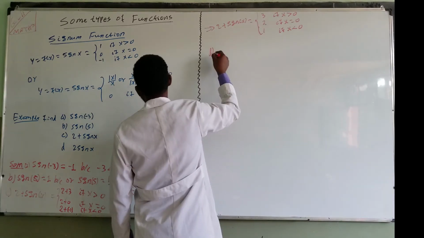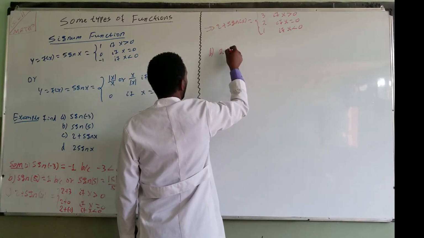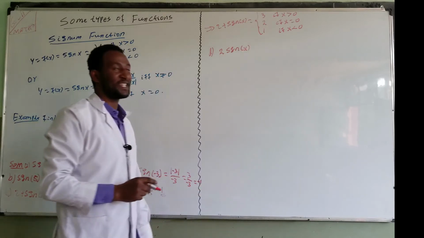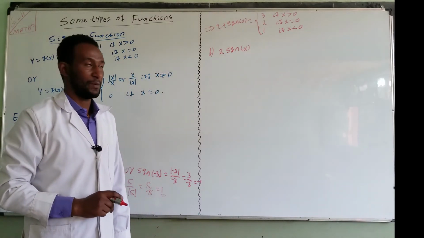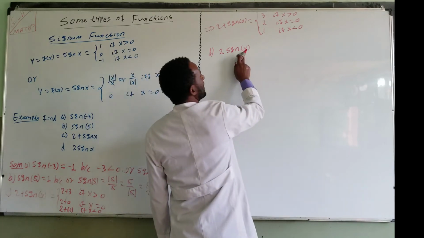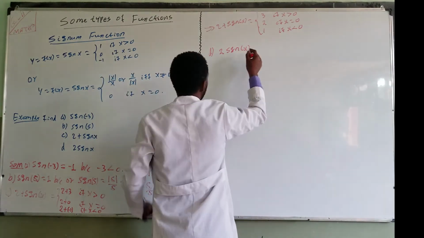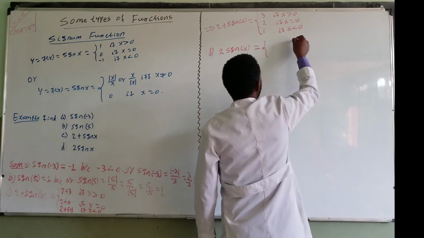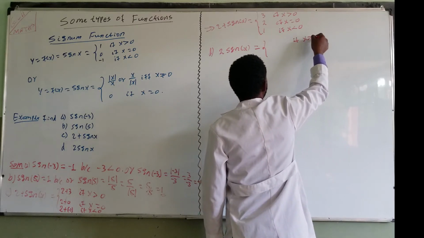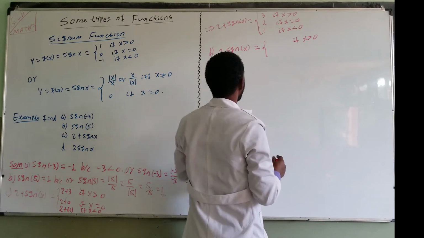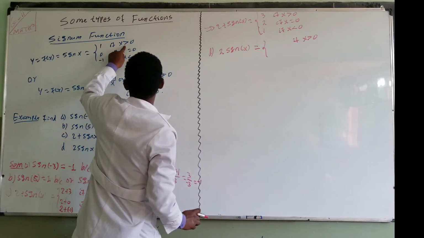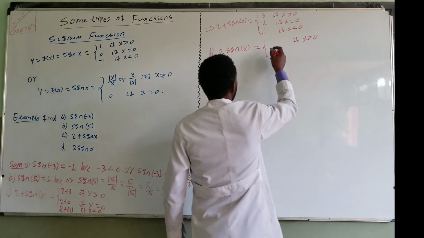Solution for D: 2 times signum x is different from 2 plus signum x. We know the value of signum x from the given definition. If x is greater than 0, signum of x is 1.